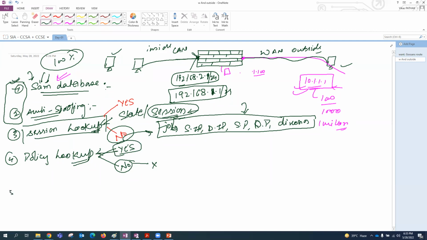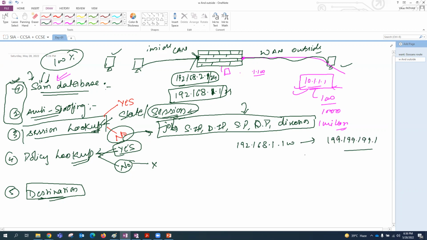After the policy, the fifth thing will be the destination NAT, right? Okay, we have a policy on the firewall from this source to this destination, the traffic on the particular port is allowed. Do we have any destination NAT policy also? Let's suppose I have a policy of 192.168.1.100 and it is going to 199.199.199.1.